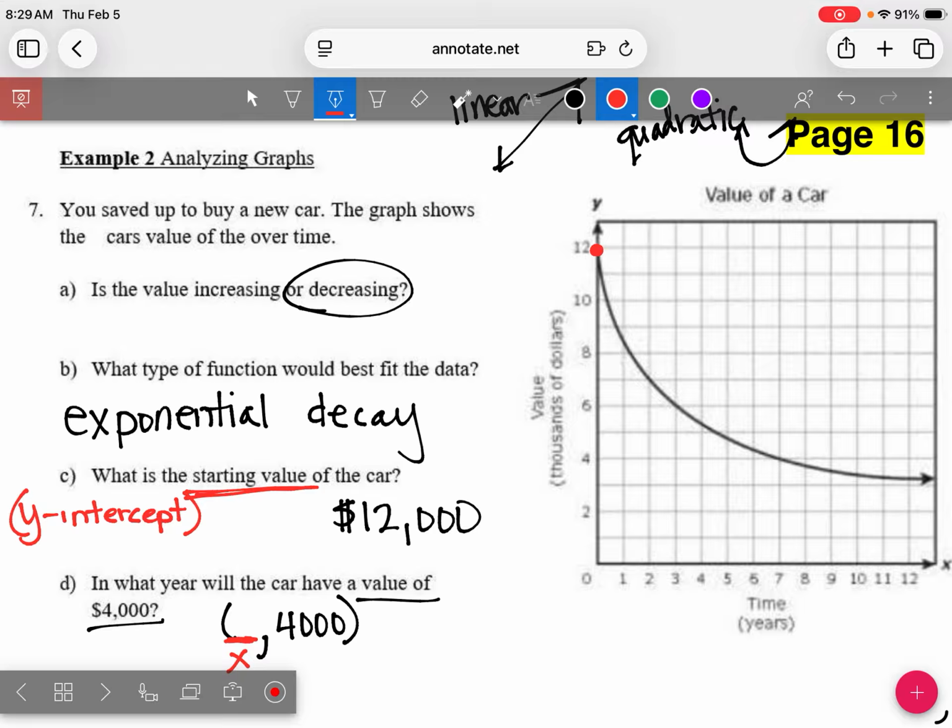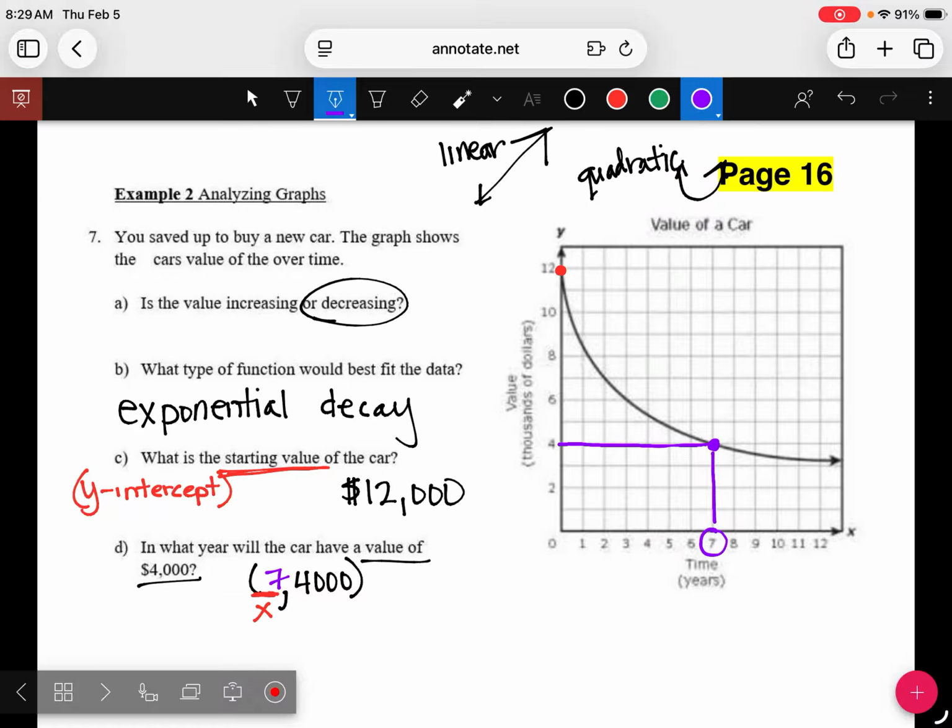So looking at this graph, here's 4. I'm going to trace it over until I hit the graph. When I hit the graph, which is about here, I'm going to go down to see what that value is. And the value would be what? 7. Okay, so it's going to take 7 years.